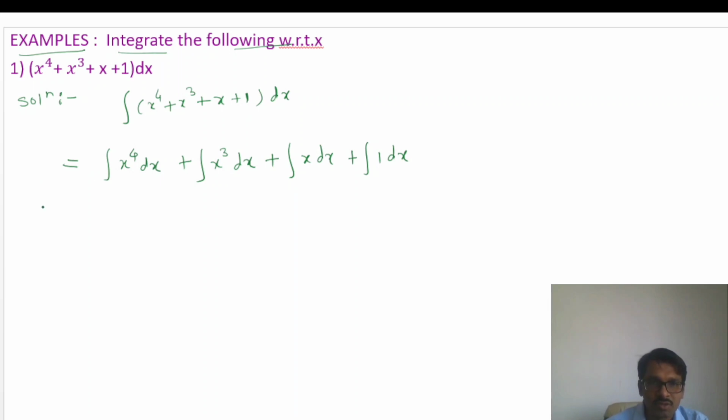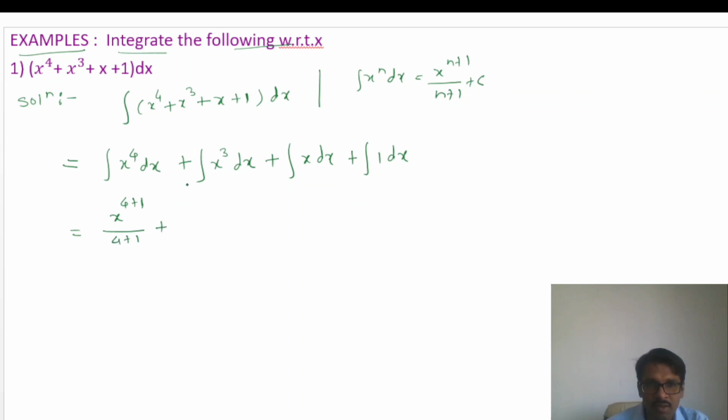We know the standard formula we have to use now. The integration of x raised to n with respect to x is x raised to n plus 1 upon n plus 1, plus c. We have to use this standard formula. For x raised to 4, we get x raised to 4 plus 1 upon 4 plus 1.